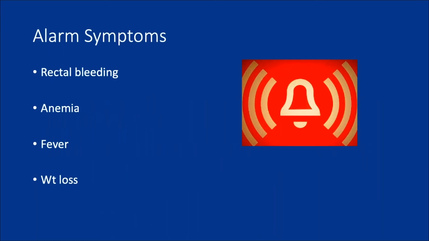When we have alarm symptoms, these are ways of seeing whether there's something important going on that we really need to be concerned about. So, for instance, alarm symptoms after a routine screening colonoscopy is an opportunity to recheck this patient.